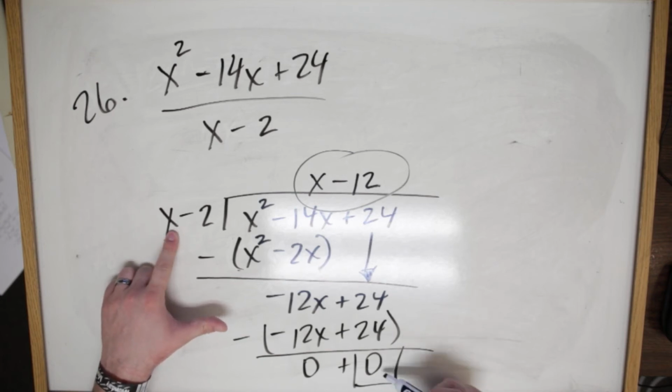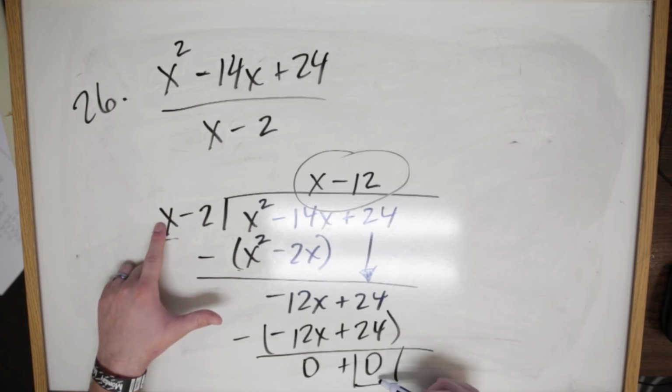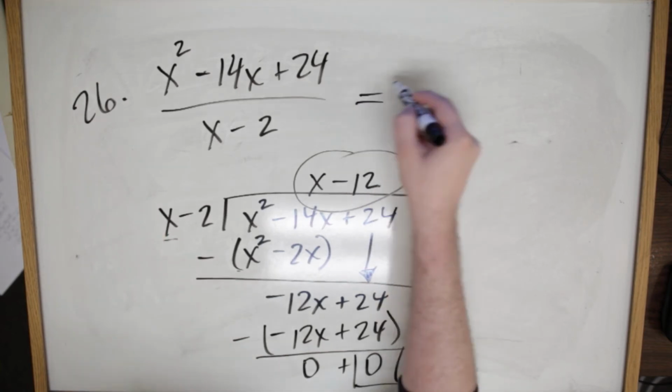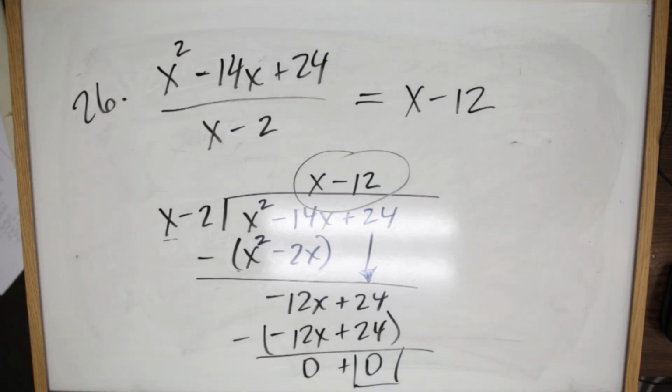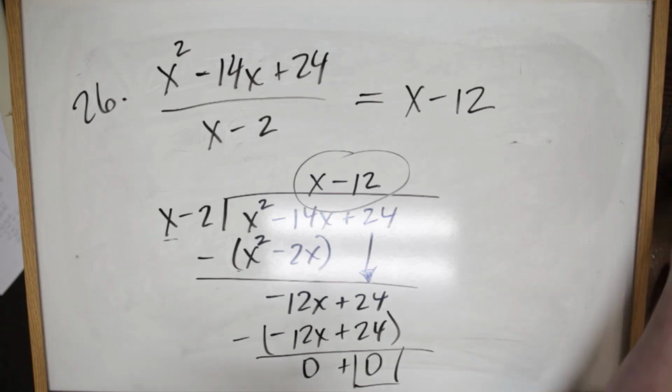So you can think about this as like x to the 0, or 0 times x to the 0, if you want to think of it like that. This has an x, this does not have an x. That means that I'm finished. Okay? So this is equal to x minus 12. Okay? So that's that problem. Let's go ahead and do another one.